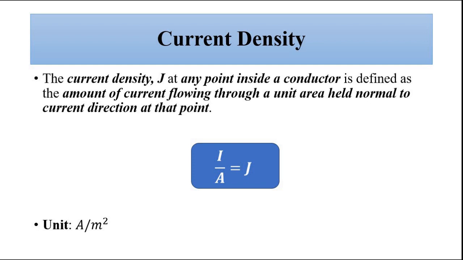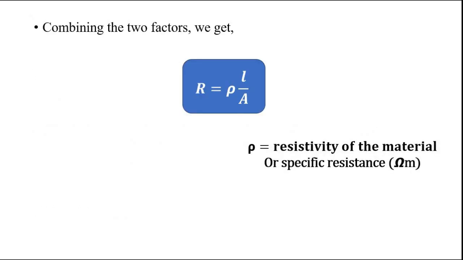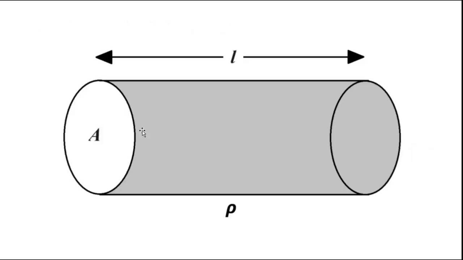The unit of resistance, I think we have covered, is ohm, and the unit of resistivity or specific resistance is ohm meter. I'm assuming that you have a good idea about this, but just for a quick revision: for current density, let's say we pick an imaginary cross-sectional area here, and current is flowing like this.